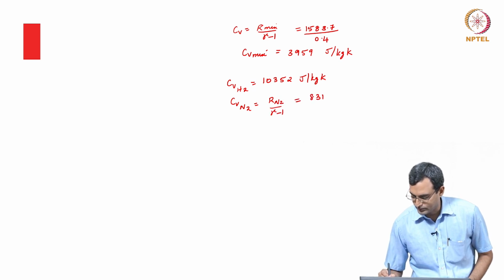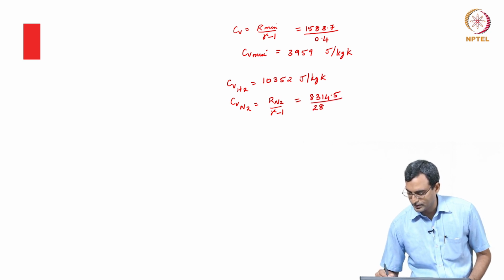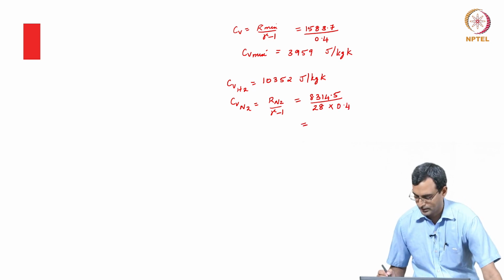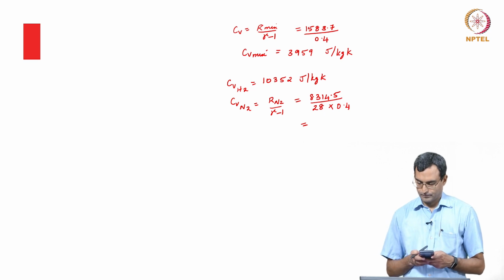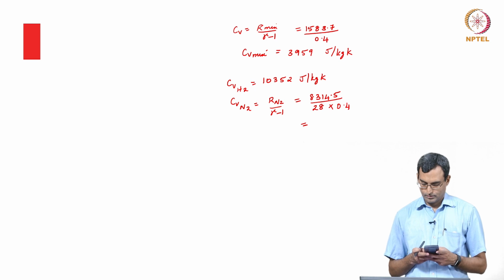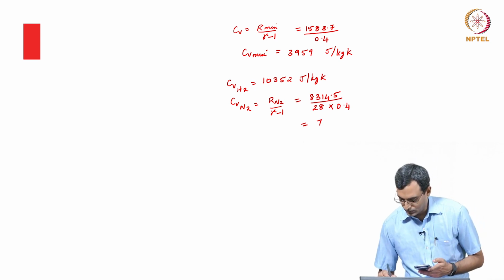So, that is 8314.5 divided by 28, which is R of nitrogen, and gamma minus 1 is 0.4, and this would give me a value of 742.36.